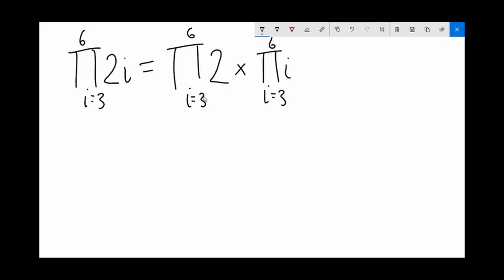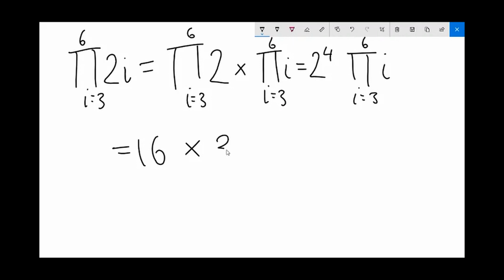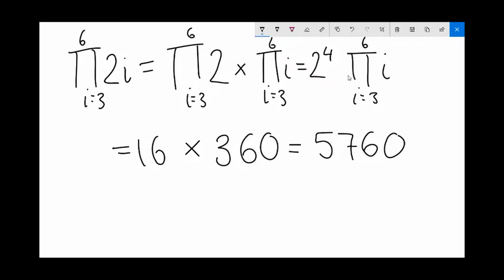So as we run it 4 times, for 3, 4, 5 and 6, this part here will simply be 2 to the power of 4 times this here. Which is simply 16 times what we found in the last part to be 360, and that equals 5,760.